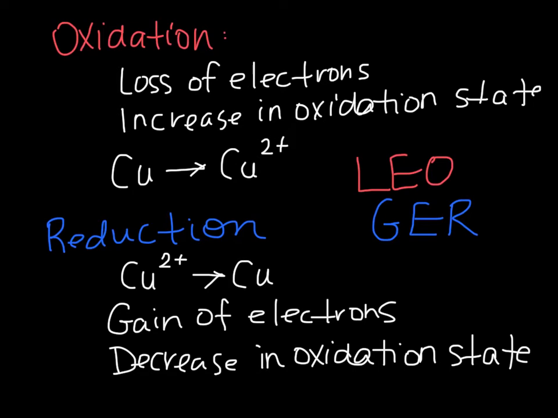So it's important that we keep track of what's happening with the electrons. Whether a species is giving up electrons or gaining electrons helps us to understand how the electrochemical cell will behave. So we can now start and look at the process for balancing a redox reaction.